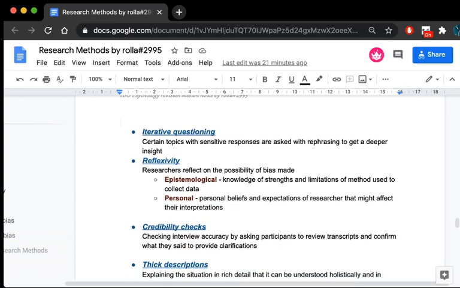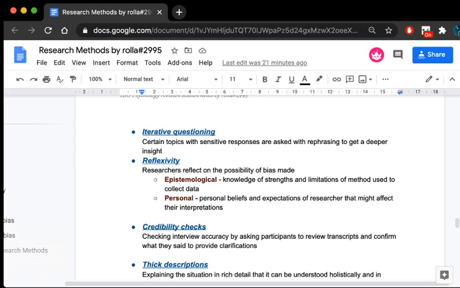Okay, next we have iterative questioning. So basically, in iterative questioning, certain topics with sensitive responses are asked with rephrasings to get a deeper insight. So instead of using the same phrases, you try to modify the words that you use, because there are some circumstances where some words can be more triggering than other words.